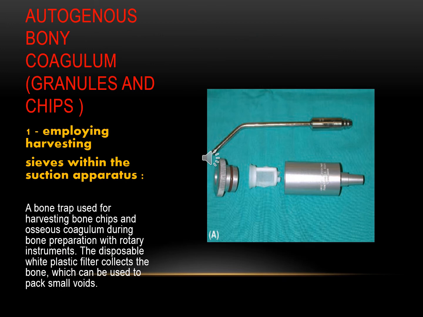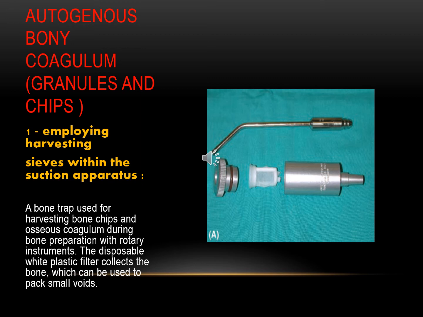As we talked before, the autogenous bone graft can be in two shapes: bone blocks or particles or granules. For the particles or granules, we can use the bony coagulum, which is granules of bone mixed with chips of bone. To harvest the bony coagulum, we can use the bone trap.